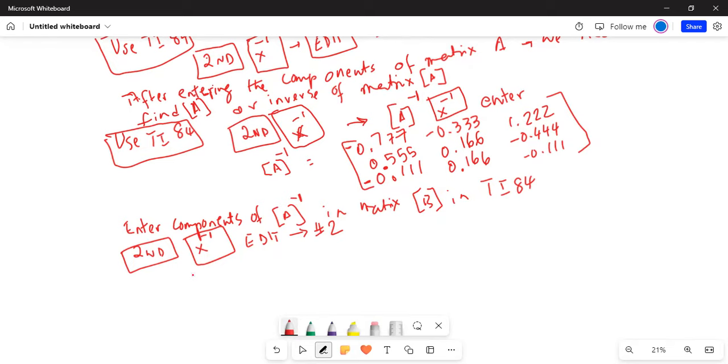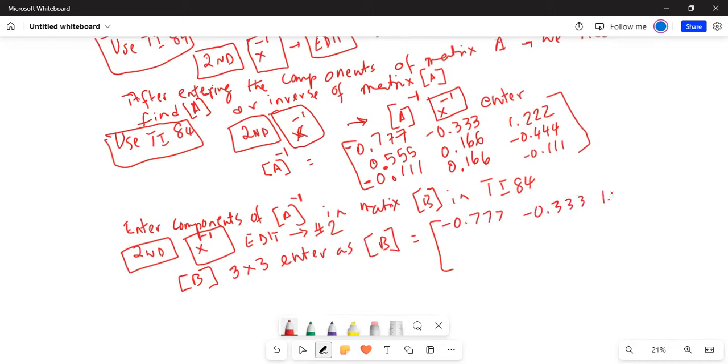So this will lead you to matrix B. Make it a 3 row by 3 column and enter matrix B is equal to minus 0.777, minus 0.333, 1.222. So it's a 3 by 3, right? 3 rows by 3 columns with these components.